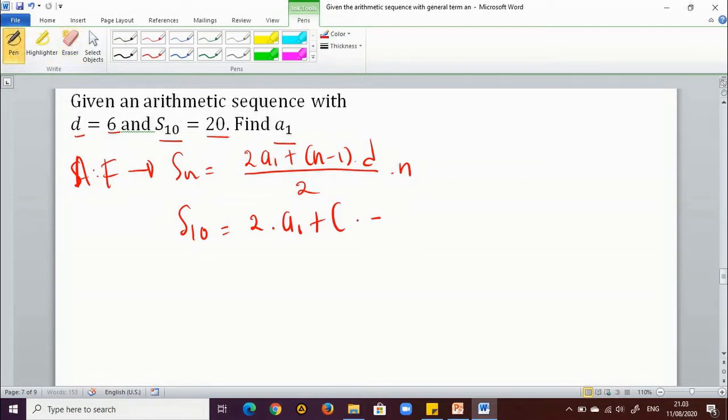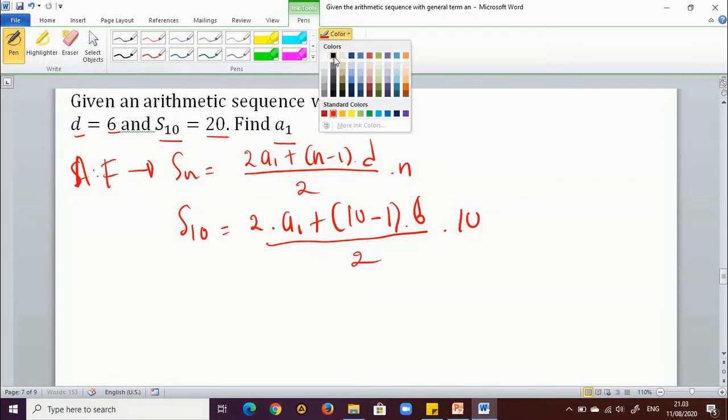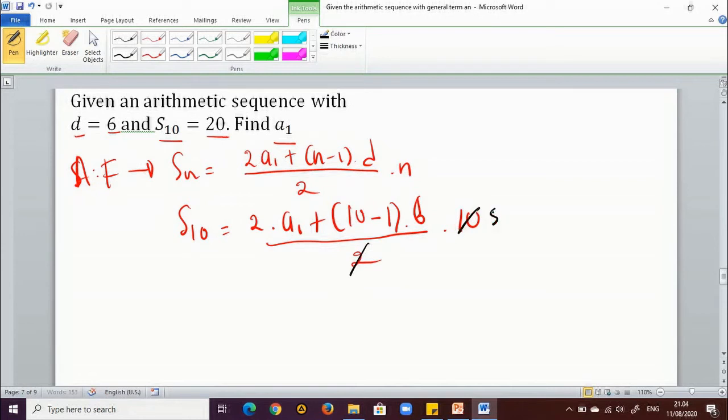So in here we have 10 minus 1 times d, and d is 6, over 2 times 10. So from here we can cancel 2 and 10 to be 5.